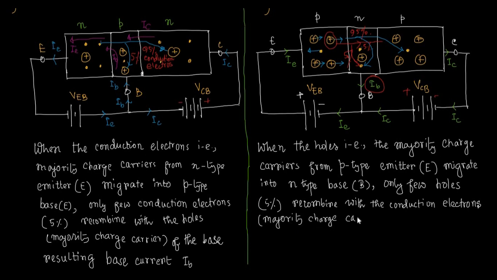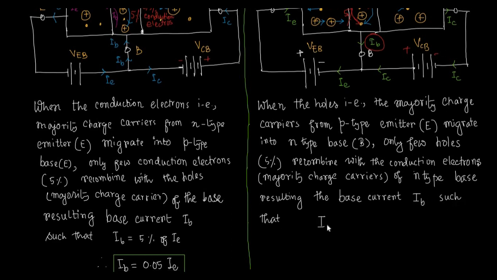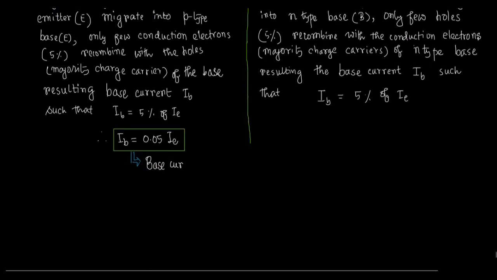under bracket majority charge carriers of n-type base, under bracket B, resulting in the base current IB, which flows away from n-type base such that IB is equal to 5% of IE, where IE is the emitter current.